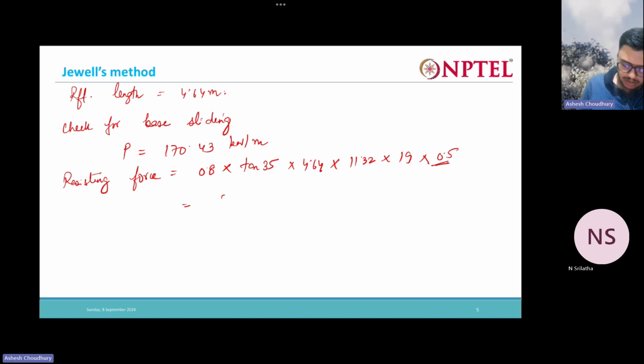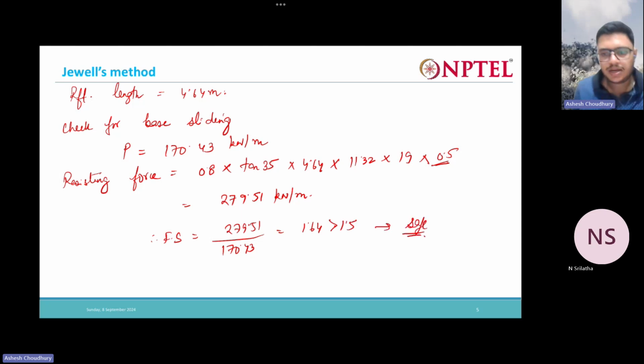Average resisting force you are calculating per meter. Therefore factor of safety is 2.70, which is greater than 1.5, so safe. All right, so like this actually we have to do it.